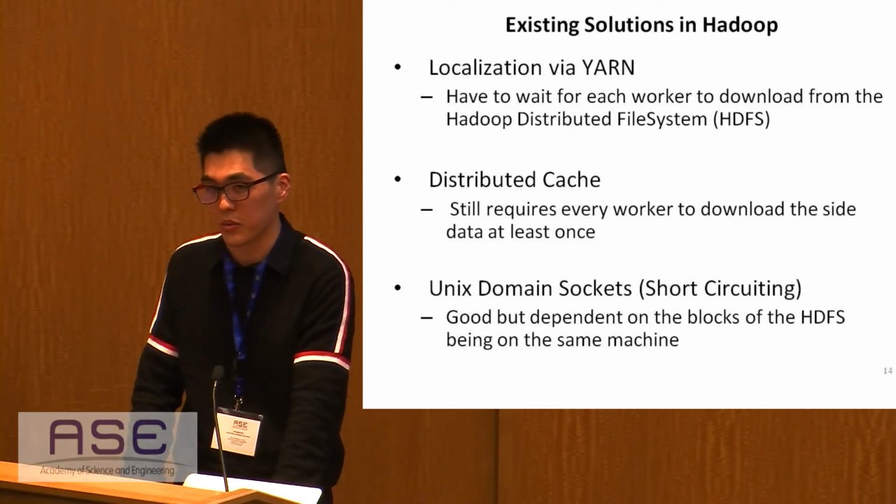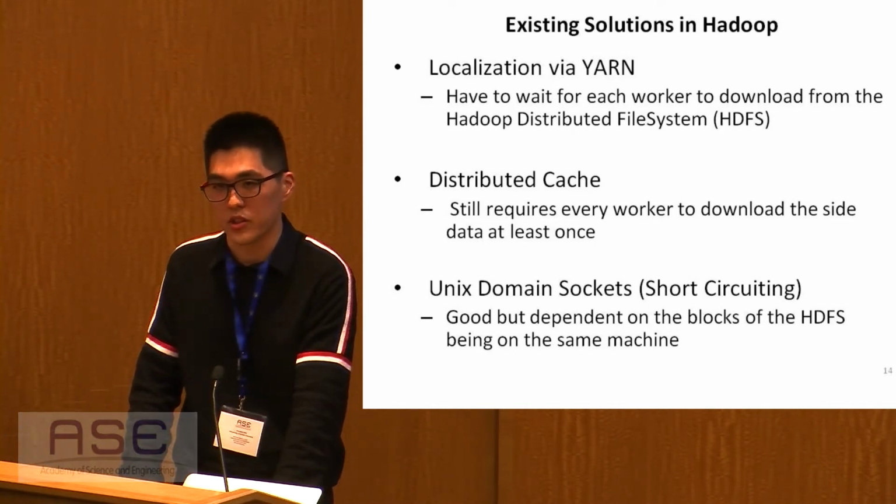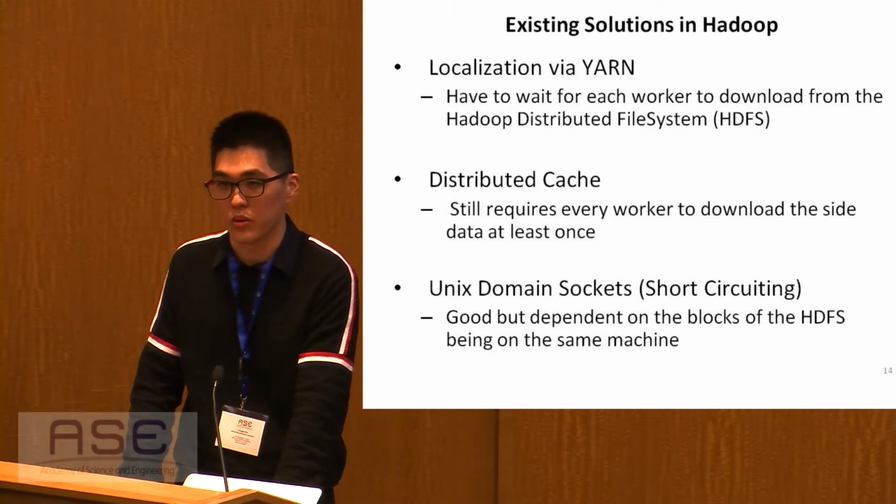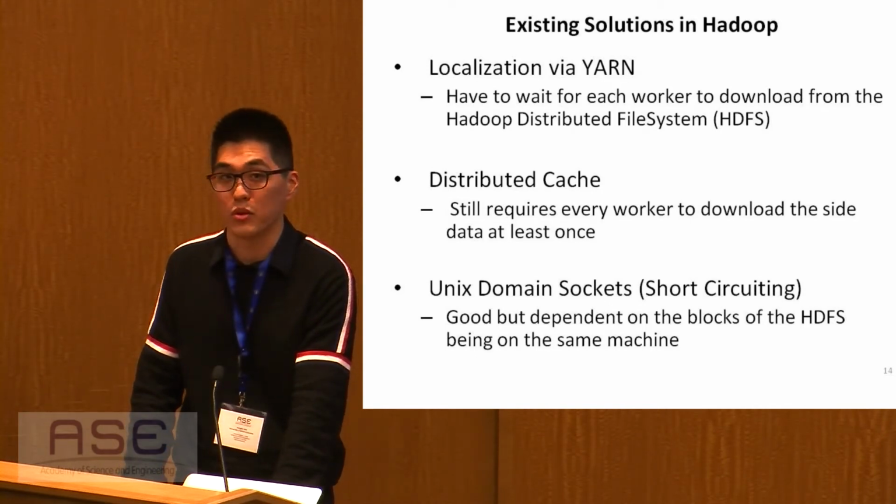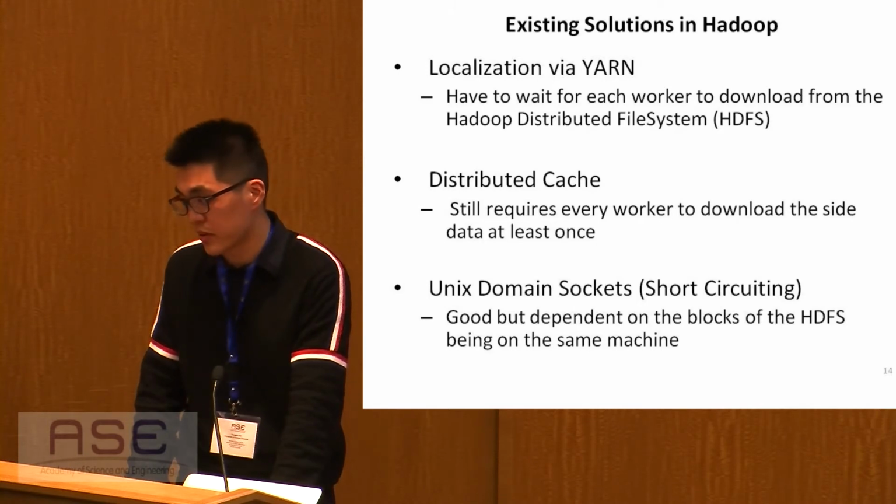Short circuiting allows each node in the cluster to use whatever blocks of HDFS data are stored on that node. The problem is that you can't predict how the HDFS will place its blocks, so it's not a very reliable solution, but it's a step in the right direction.